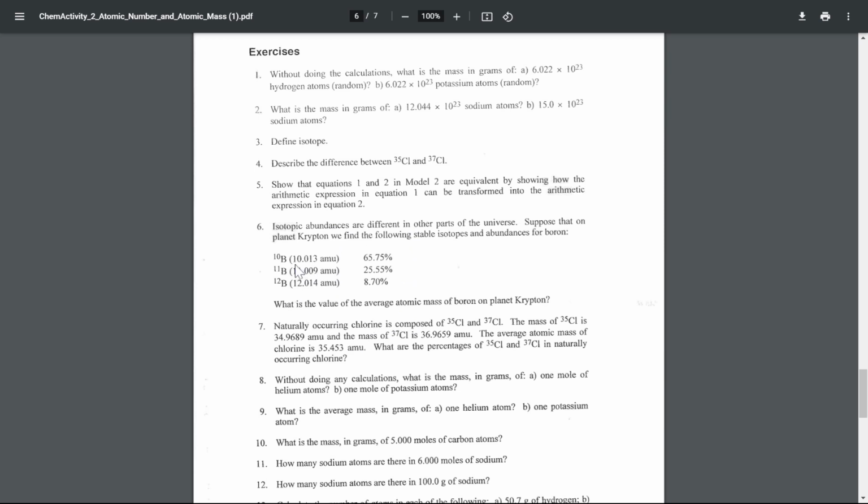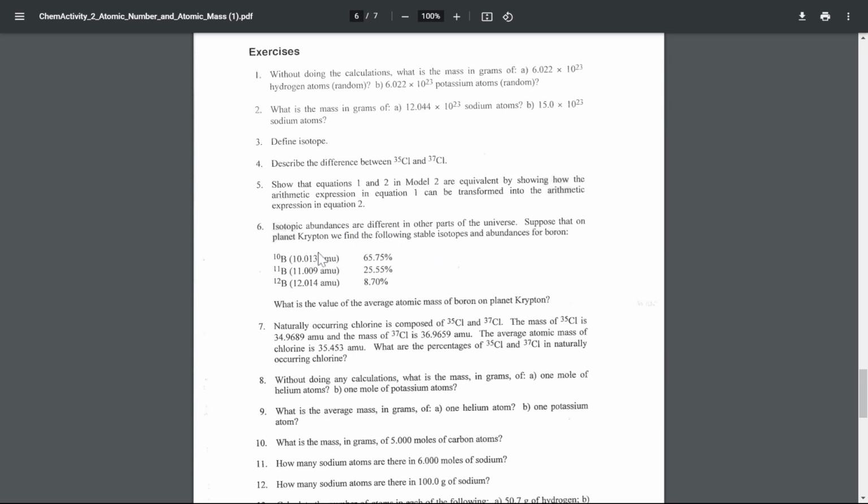So if I take this mass right here, multiply it with 0.6575, add this number right here, multiply it by 0.2555, and then add this mass right here with 0.087.